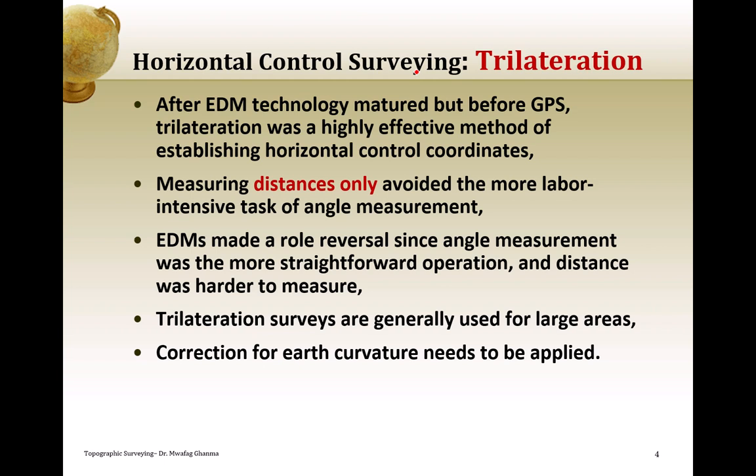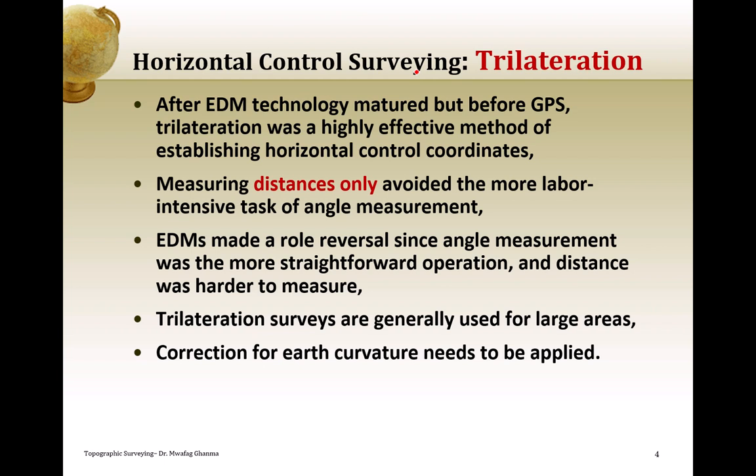After technology developed and the EDM machines, like total stations or electronic distance measurement machines, evolved, distance measurement became much easier than angle measurement. So the practice started to go for trilateration more and more.